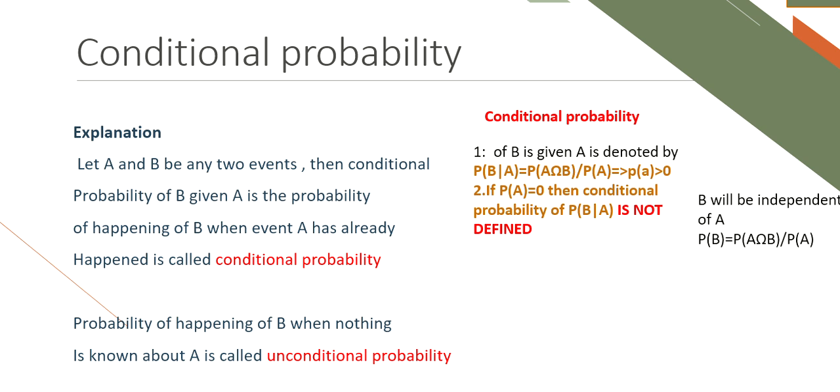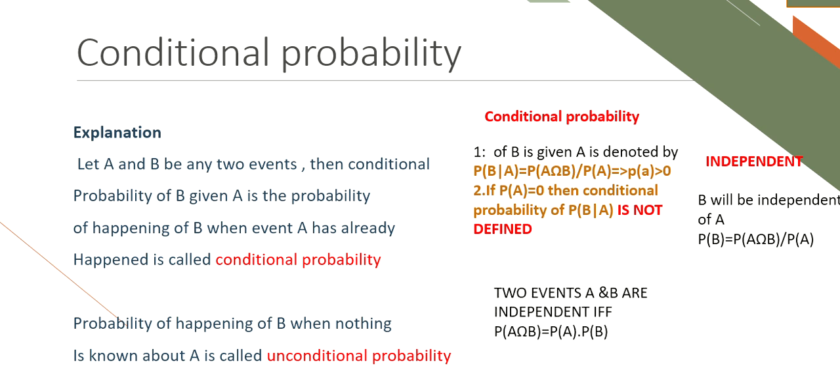Now B may be independent of A. If B is independent, it means B is not dependent on A. Here these are all dependent events, that is, B is depending on A. So if it is independent, then the formula is the same: probability of B given A is probability of A intersection B divided by probability of A. But here B is dependent on A. We have not written dependent on A because these are independent events.